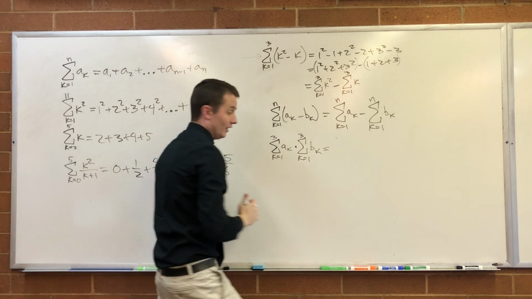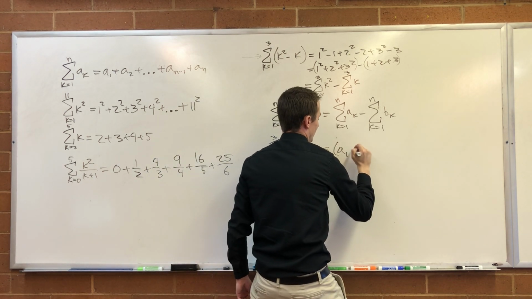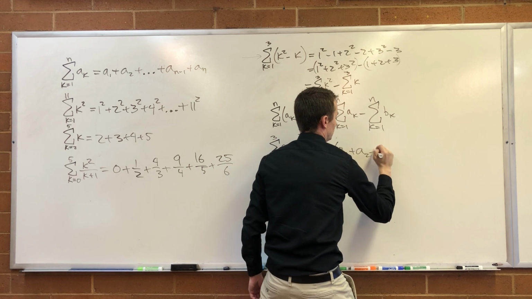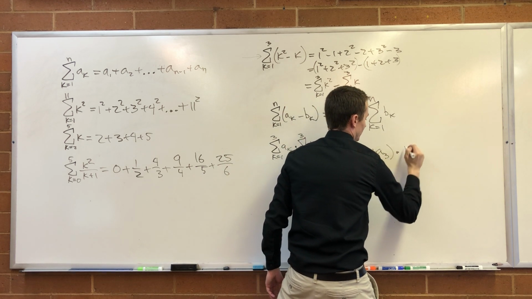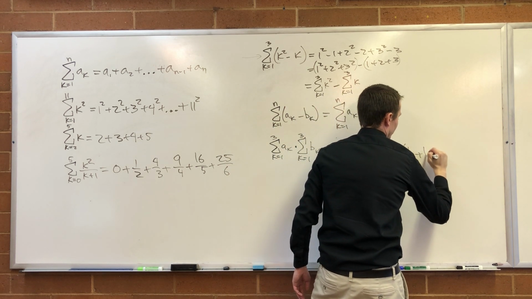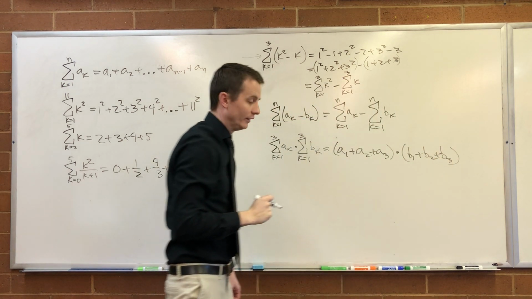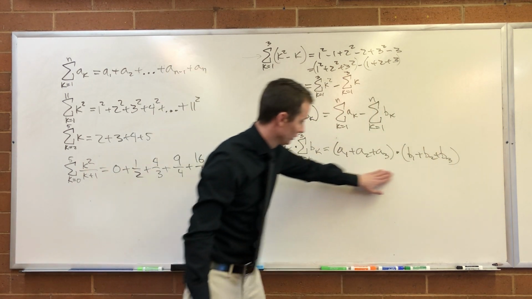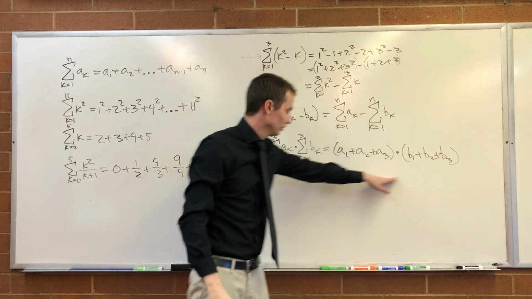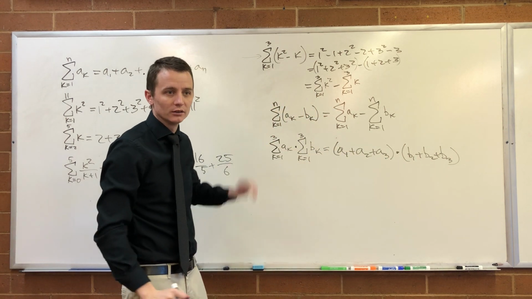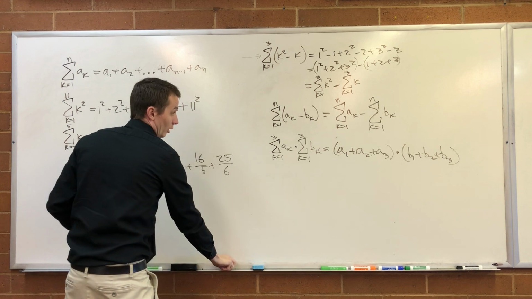What is that saying? That's saying we're doing this: a1 plus a2 plus a3 times b1 plus b2 plus b3. I see. And you'll notice already with 3, that's blowing up into a bunch of terms. Obviously for bigger n, it's going to blow up even more.